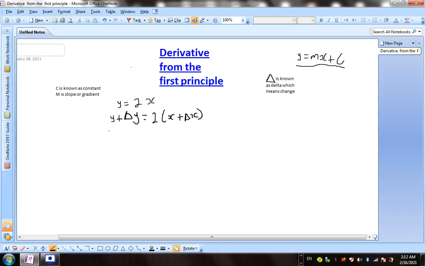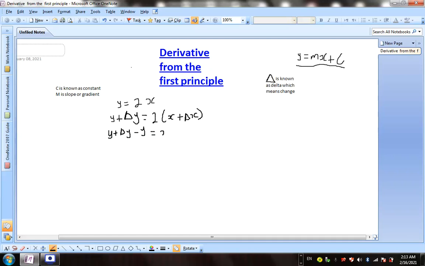Now let's subtract y from this side, so we have y plus dy minus y, and on the right hand side we remove 2x because 2x is the real function here.